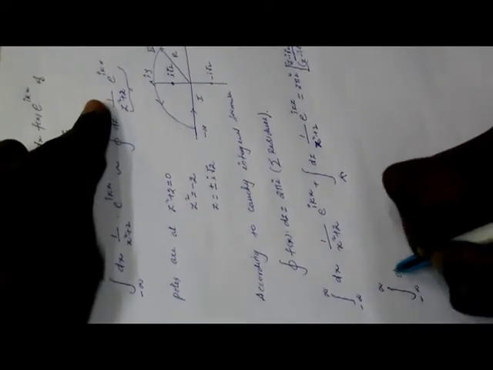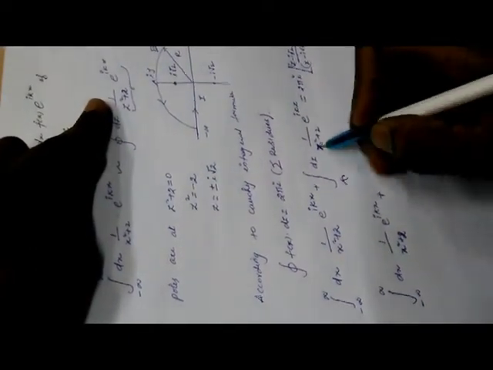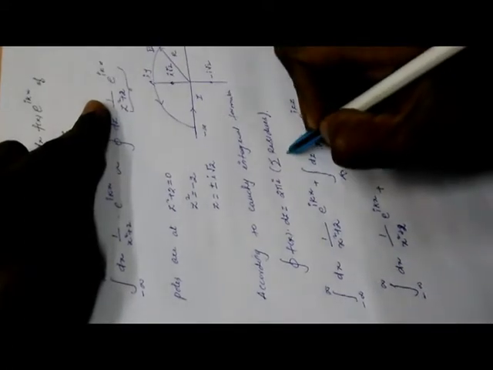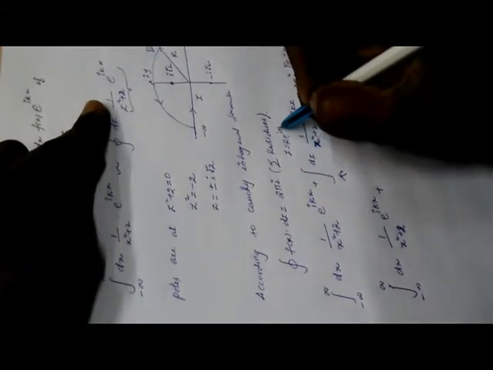So the integral from minus infinity to plus infinity, dx, 1 by x square plus 2, e to the power i k x, plus the curved integral, where z is equal to r e to the power i theta.